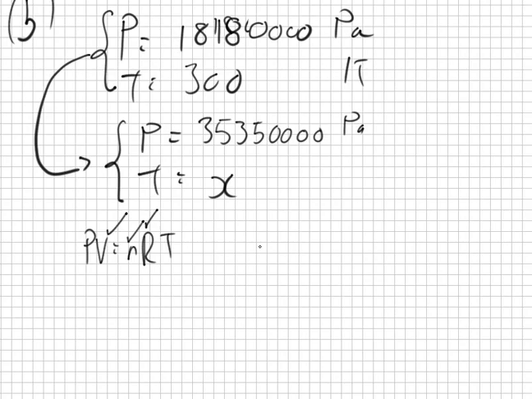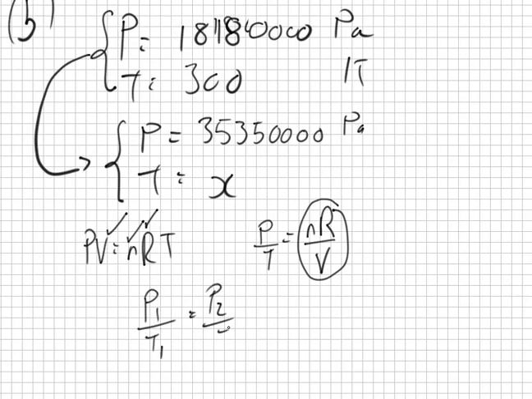So you can say that P over T equals nR over V. So since this is not changing, you basically get the result that pressure and temperature at the beginning equals pressure and temperature at the end, which in fact is one of the laws I gave you when we did temperature, when we did materials.